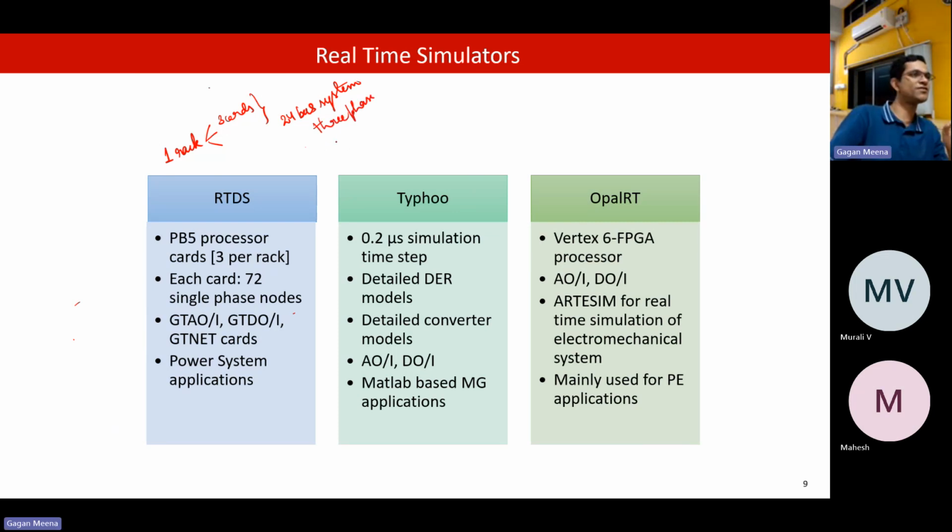In three-phase, each bus will have three nodes for the three phases. So we can model these 72 single phase nodes, or we can use them as three phase.